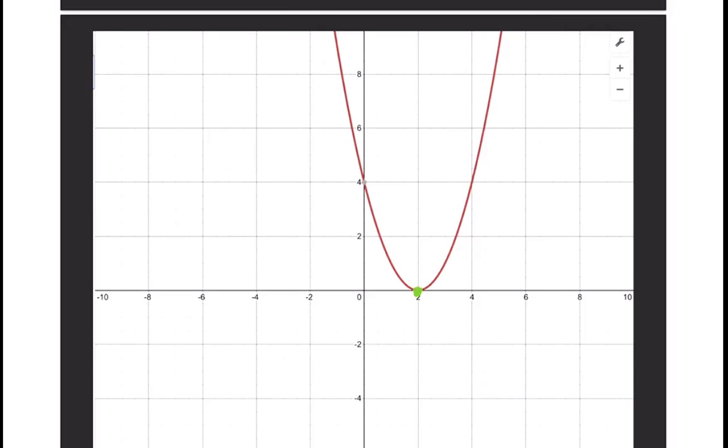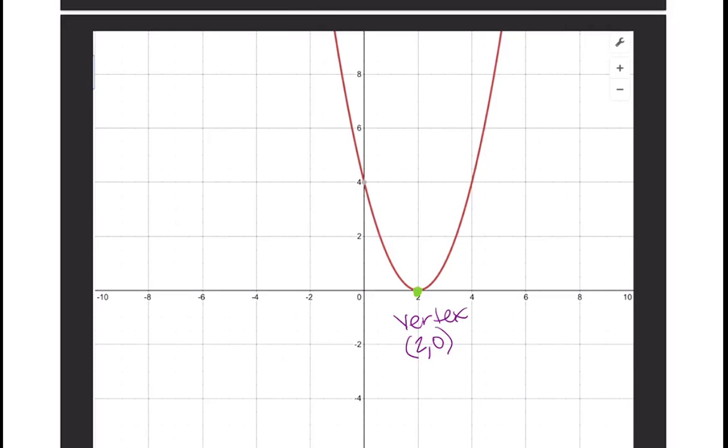Points are x and y coordinates. So this is our vertex. What's my x value at that point? My little green dot went over it, and it's 2. And then my y value is 0. Okay? So we need to be able to label our vertex.